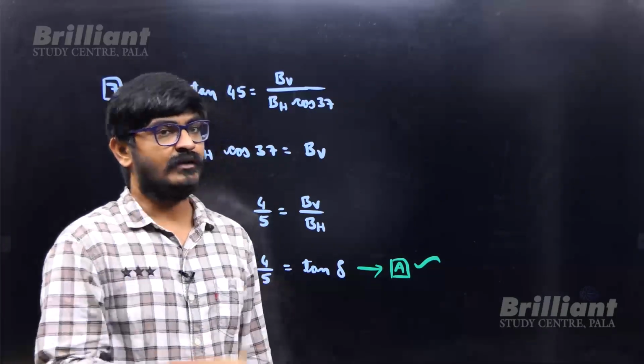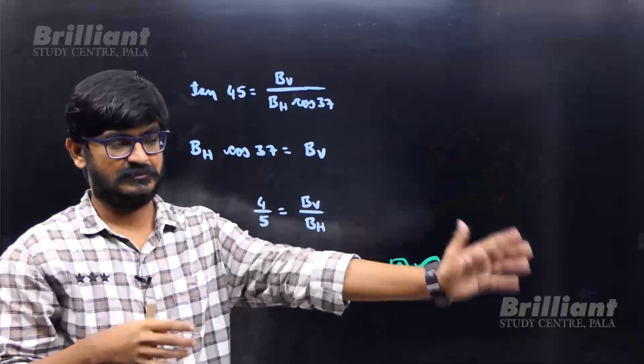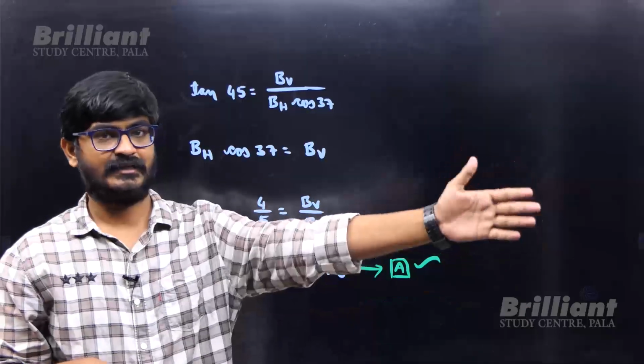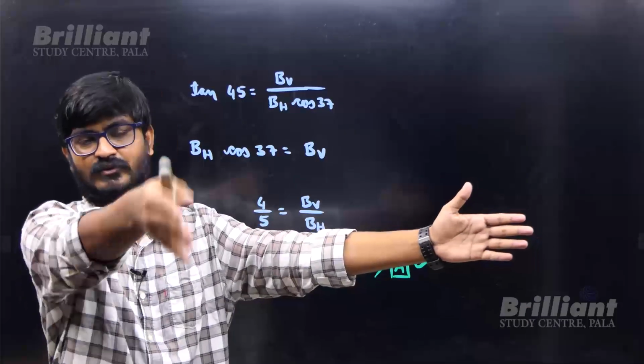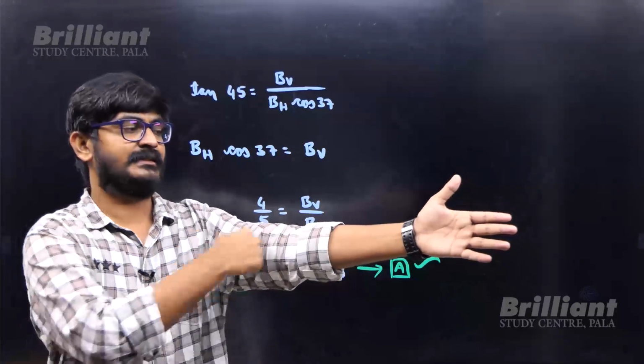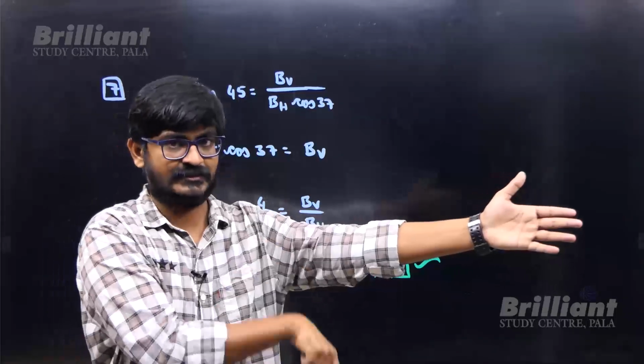So look at the north pole, place your hand, look at the compass needle direction, place your hand. Now this is the magnetic meridian. The north pole has no much role in this question, so concentrate on the magnetic meridian. So this is the horizontal magnetic field, this is the vertical magnetic field. The resultant will be somewhere in this direction.